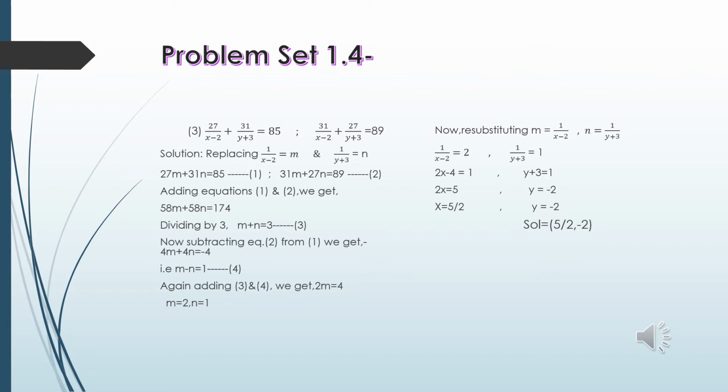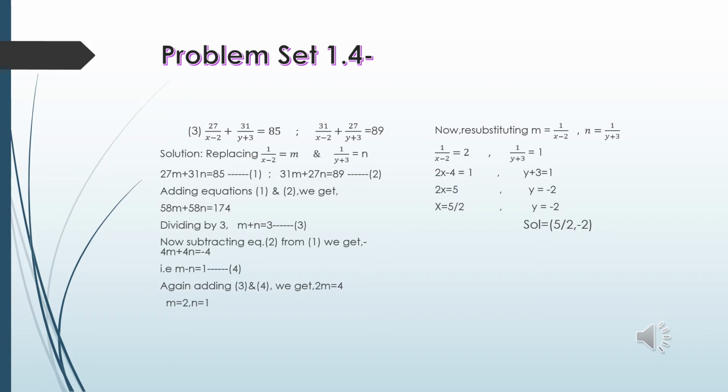The example number 3 is 27 upon x minus 2 plus 31 upon y plus 3 is equal to 85, and 31 upon x minus 2 plus 27 upon y plus 3 is equal to 89. We have to convert the above two equations in the form ax plus by is equal to c.